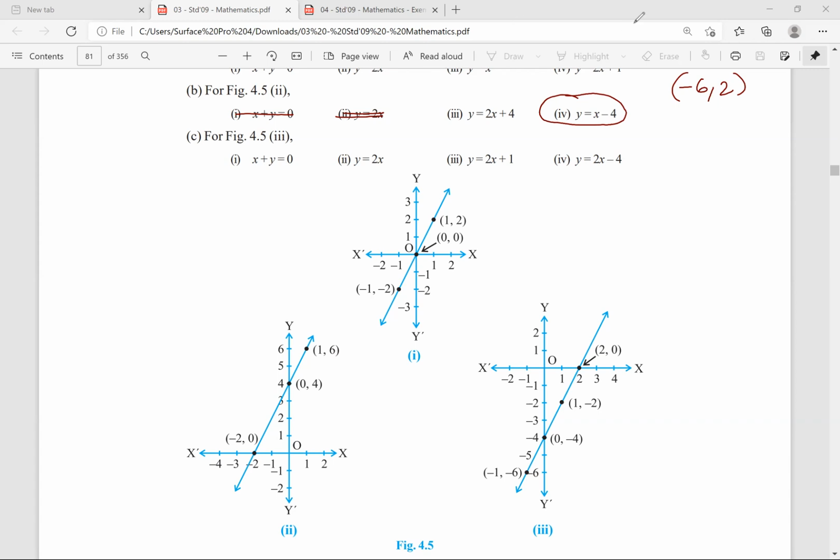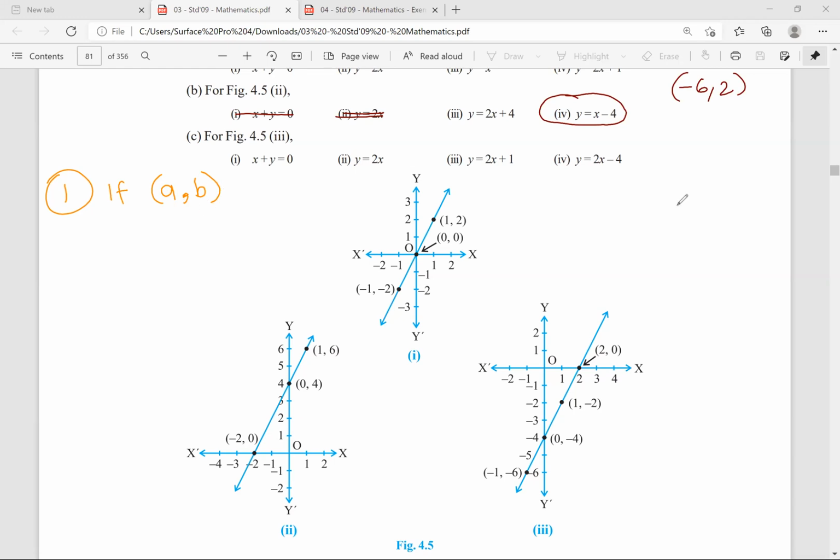Let me help you guys a little bit. So once more, remember this, okay? Let's say a point is a comma b. It could be anything, it could be 2 comma 4, 0 comma 2, 0 comma 1, anything at all. So that's why I'm writing a comma b.